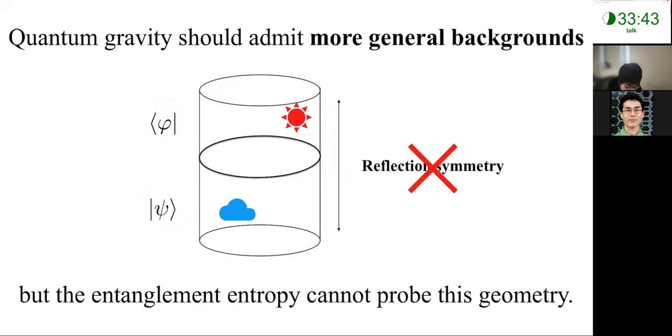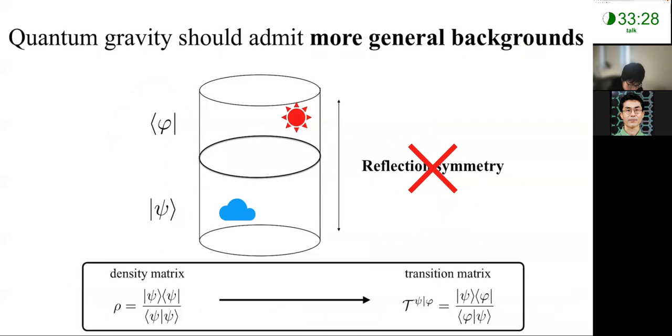But unfortunately, entanglement entropy cannot probe this geometry, since we have no reflection symmetry, nothing to do with the entanglement entropy. But there is a very simple replacement compared with the previous entanglement entropy, because we have two different states in the future and the past.